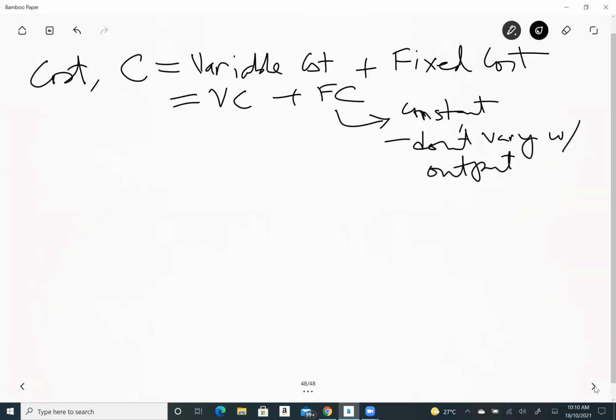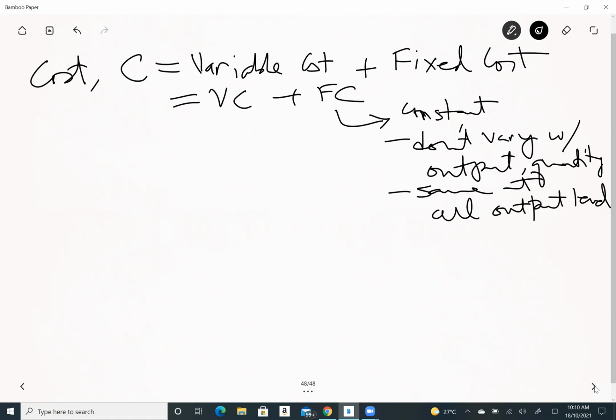In other words, it will be the same at all output levels. So if you don't produce anything, output equal to 0, you still incur the same cost, which is the fixed cost.